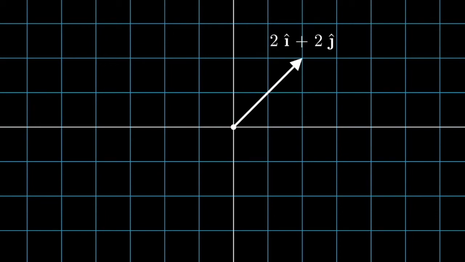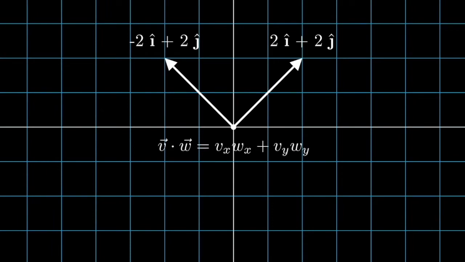You're probably familiar with the dot product, also called the scalar product because the result is a scalar. Here we're going to multiply our vector v from before with a new vector w. The result of the dot product is the sum of the multiplied components in the same basis.